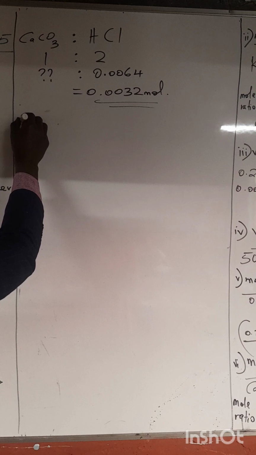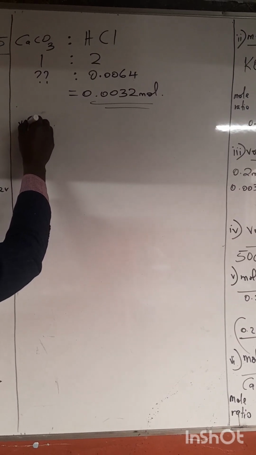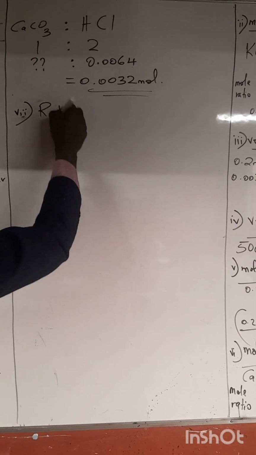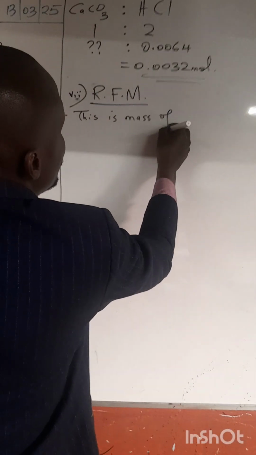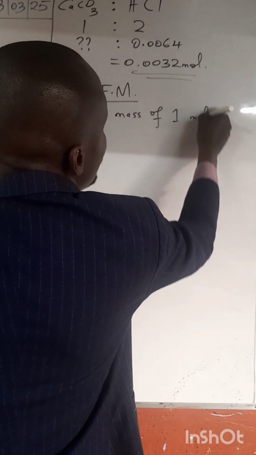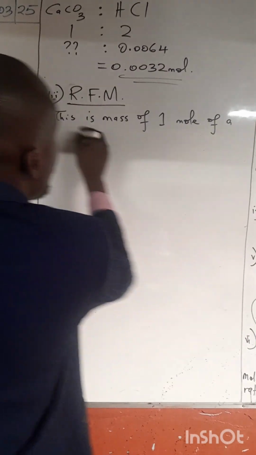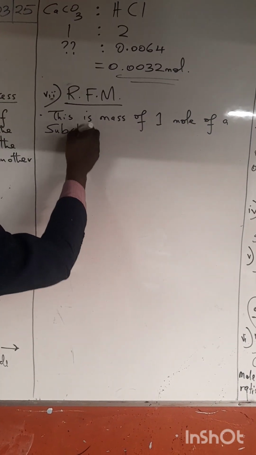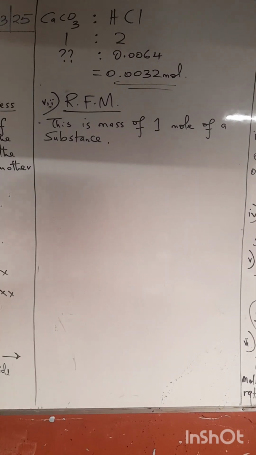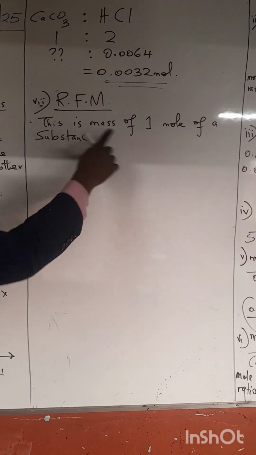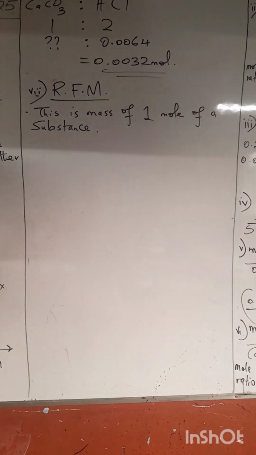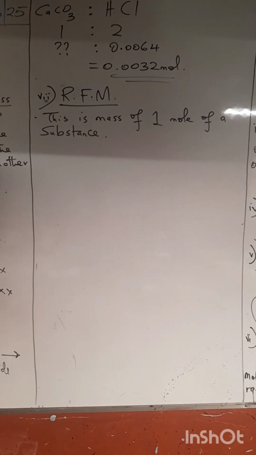Let me label this one number 7. Relative formula mass. This is the mass of 1 mole of a substance. Understand that one first. Mass of 1 mole of substance.